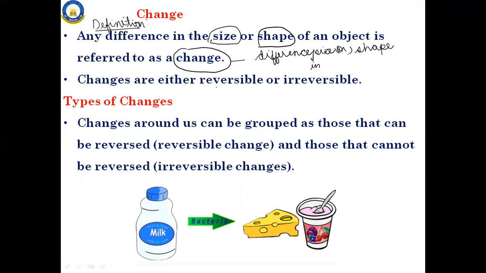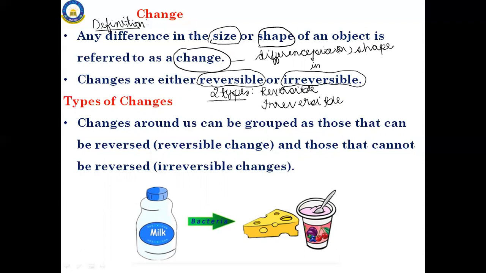So basically, change is of how many types? There are two types of changes. One we call reversible change, and the other one I'm calling irreversible change. What is that first kind of change? It is reversible change, whereas the other one is called irreversible change.